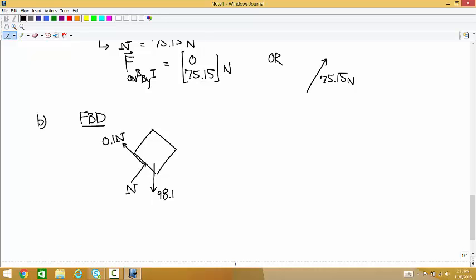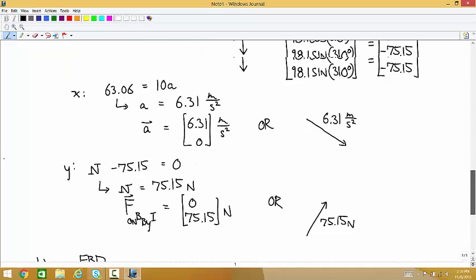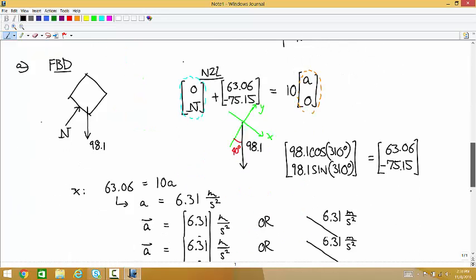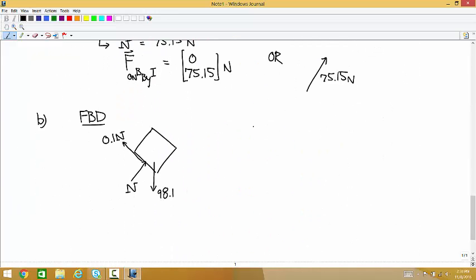I'm sorry, why is it 0.1? Because that was given. I just said that the coefficient of kinetic friction was 0.1. So you always multiply that coefficient times the normal. And now Newton's second law. We have the normal force, that's 0, n. We have the friction force that's in the negative x direction, so that's negative 0.1 n, 0.